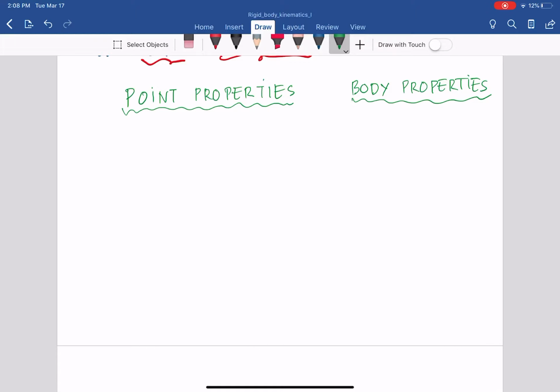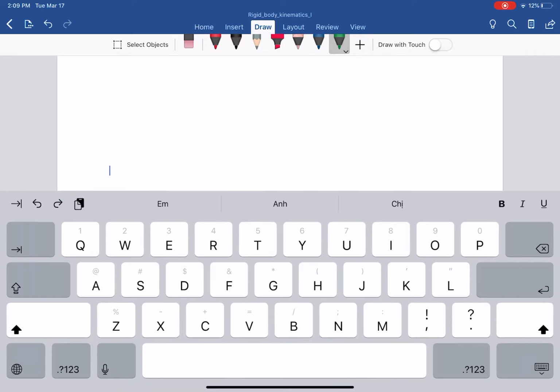Very important concept. When we talk about the position, we need to specify which position we are talking about.